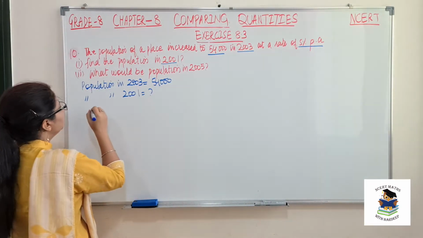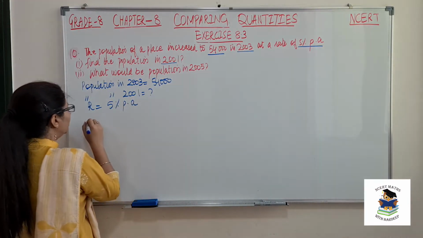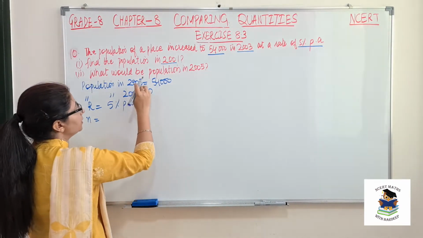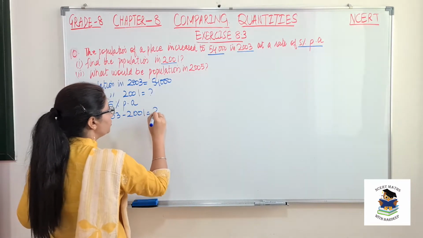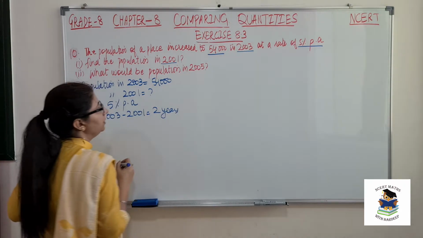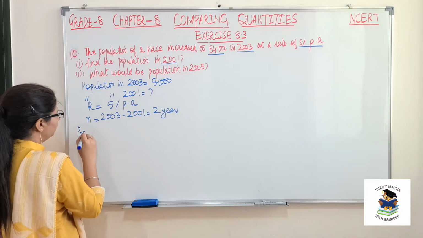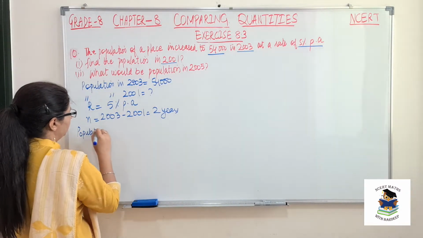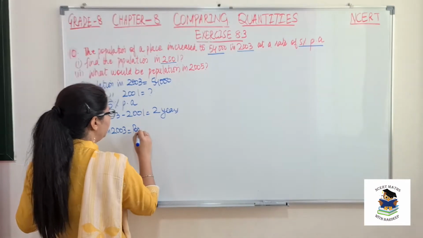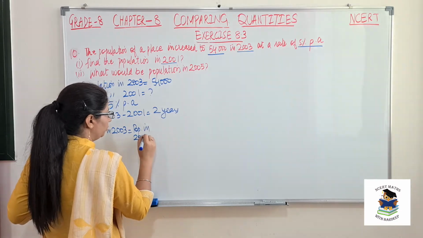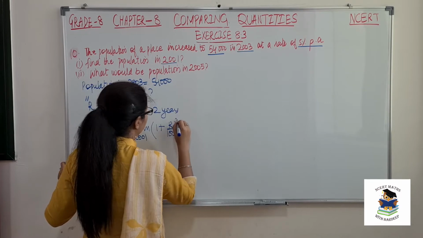So what is the rate? This is 5% per annum. And what is the number of years? 2003 minus 2001, so that means a 2 year time span is given. We need to calculate the population in 2001. So we will write population in 2003 is equal to population in 2001 into 1 plus r over 100 raised to power n.